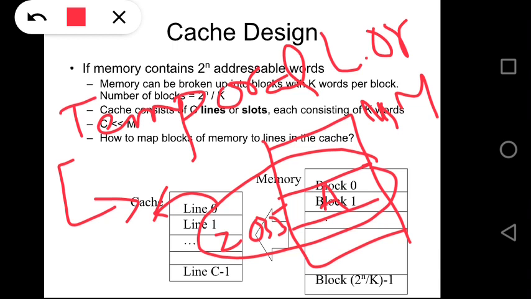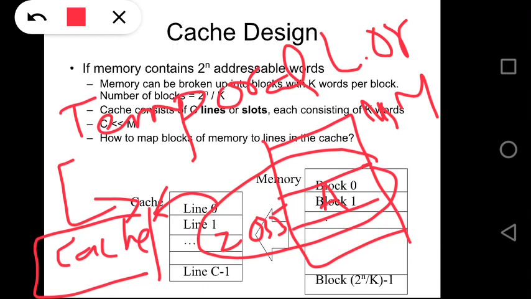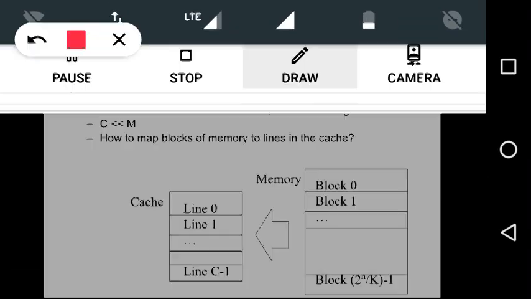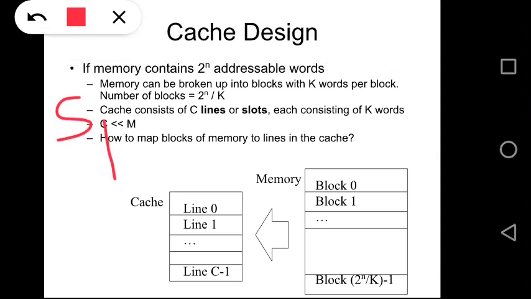So transfer this to the cache memory. This is called temporal locality of reference.